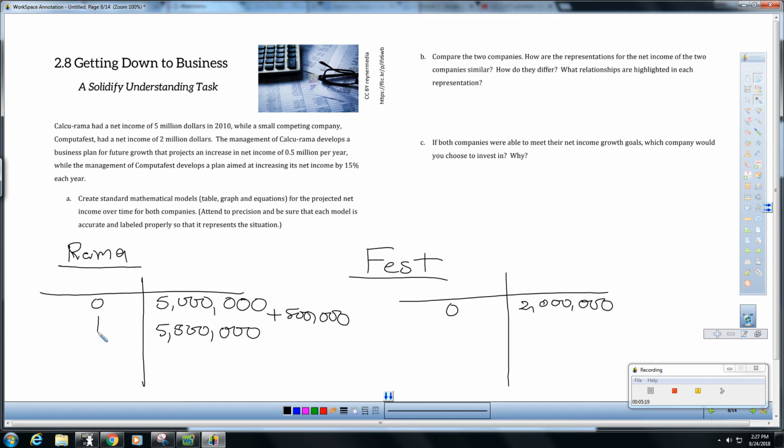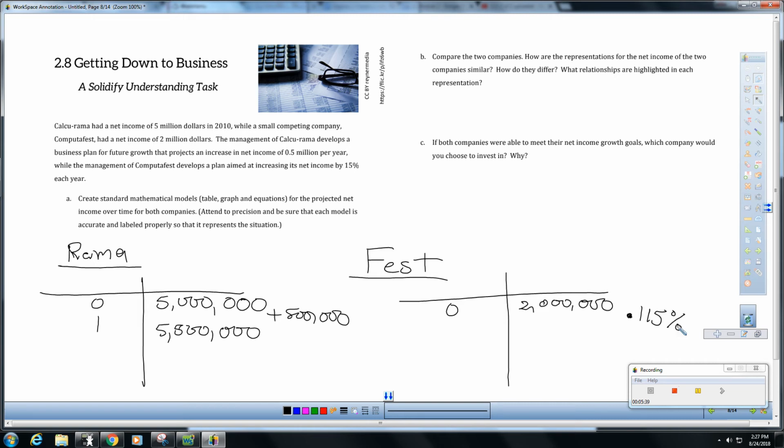Computer Fest is going to increase its income by 15%. Well, what that means is you're going to multiply by 115%. Keep in mind, if you multiplied something by 100%, it would not change at all. It would be multiplying it by 1.